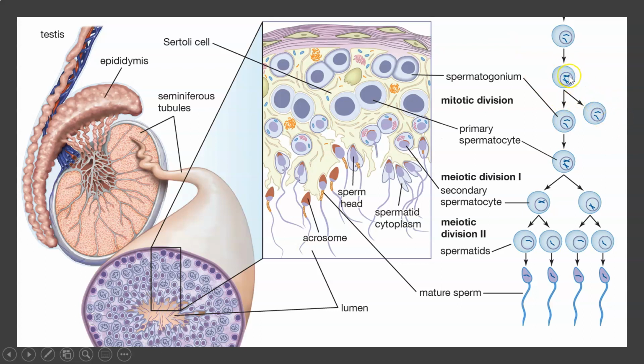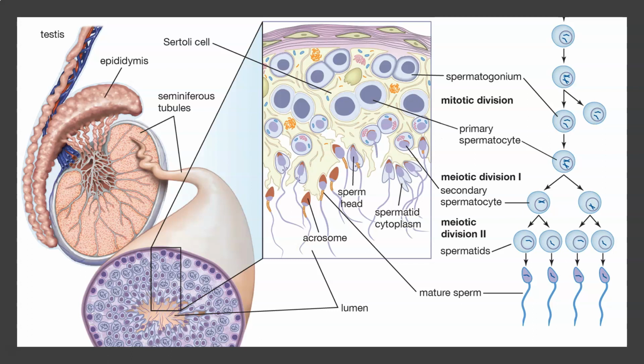This is going to go through the process of mitosis, so replication, making new daughter cells. One of the daughter cells will end up just going back up and repeating this so that there's this constant supply of spermatogonium. The other cell is going to end up coming down and forming what is called a primary spermatocyte.